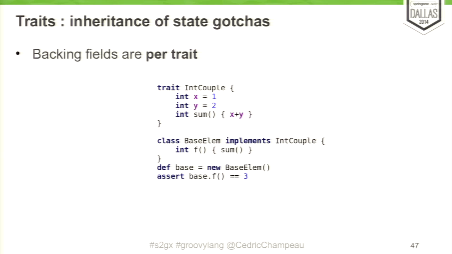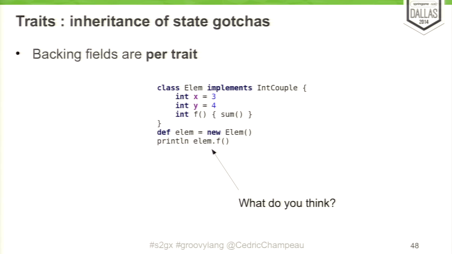So this is done specifically to avoid the diamond problem. Because otherwise you would have two fields and you don't know which one to use. Two fields with the same name. So what internally Groovy does is when you implement a trait that has state, the fields which are created are namespaced.